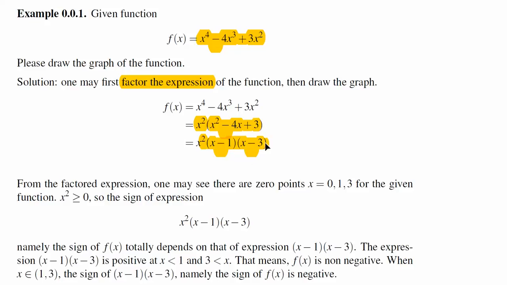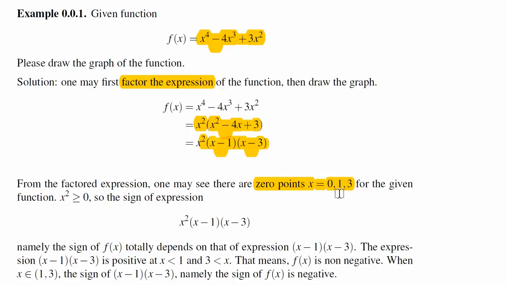After we get this expression, we know this polynomial has zero points 0, 1, 3. So once we plug in these three values here, we'll have f of x equal to 0.